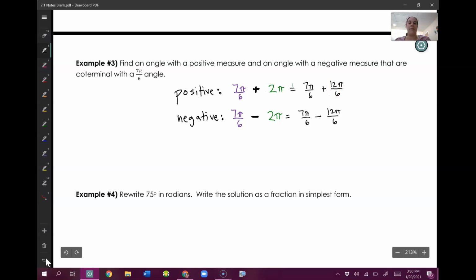I'm good there. And now we have a common denominator of 6. So 7 pi plus 12 pi is 19 pi, just combining like terms and keeping my denominator. So there's my positive. 7 pi minus 12 pi is negative 5 pi. And there's my common denominator of 6. And there's my negative angle.